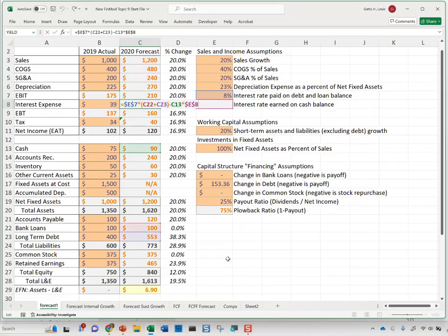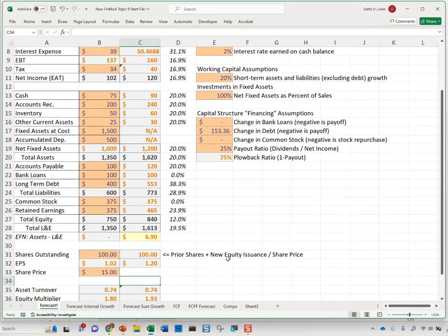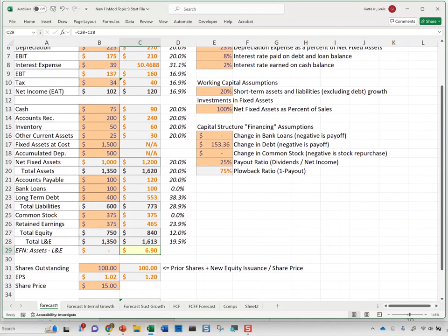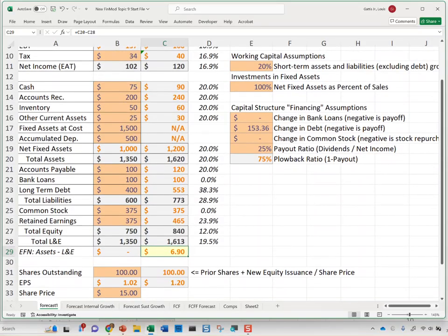When interest expense goes up, my net income goes down, which means my retained earnings goes down, which means my L&E goes down. So there's this feedback effect by using debt that increases interest, reduces net income, and reduces L&E through retained earnings. So I didn't balance the balance sheet.